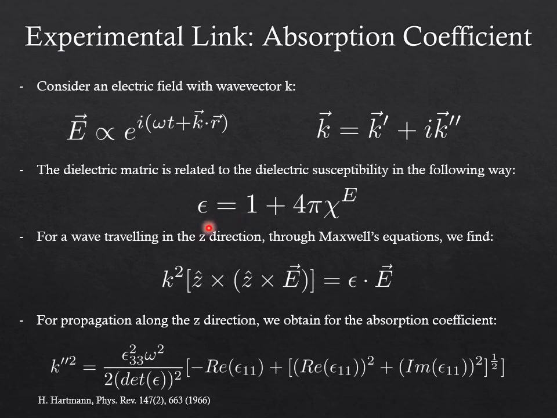So here's a very simple relation between the dielectric matrix or tensor and the susceptibility here. We can derive that when you write the expression for the displacement vector, right? D equals E plus P, and P I've written in terms of that. And here we're in CGS units.